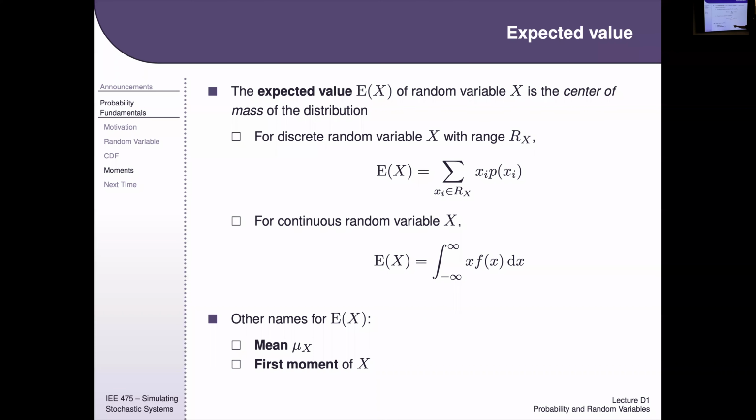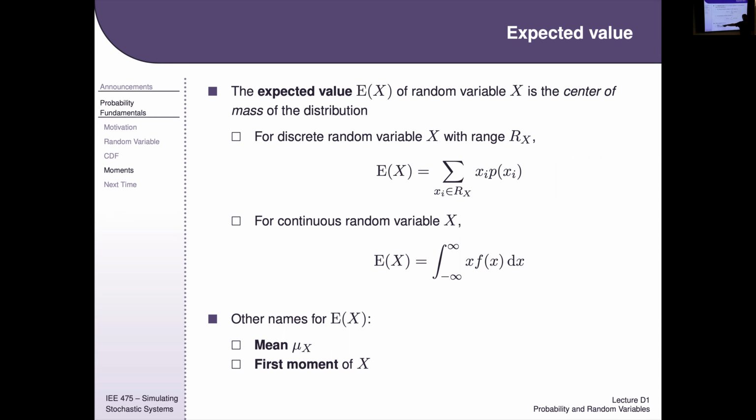If instead you knew the density of a table, to calculate its center of mass you would take the distance from the edge times the density, and take the integral. In both cases you get the center of mass, the point where, if you had a triangle fulcrum, you could set the thing on top of it and it would balance. It really is the center of mass, just like in physics.